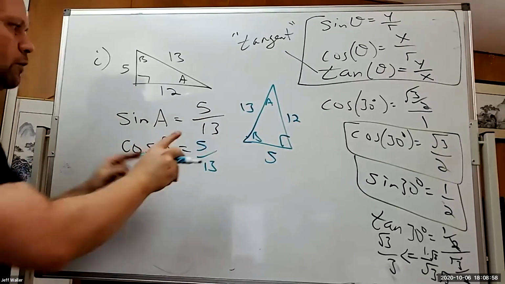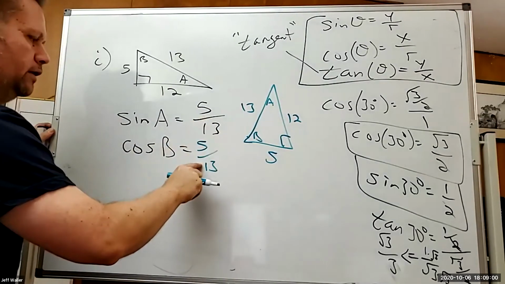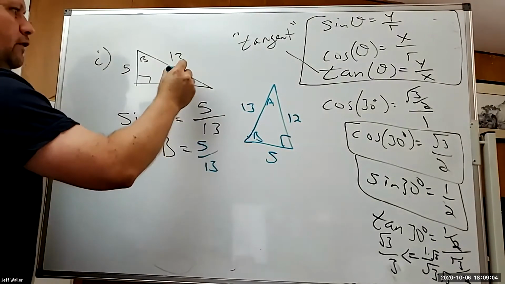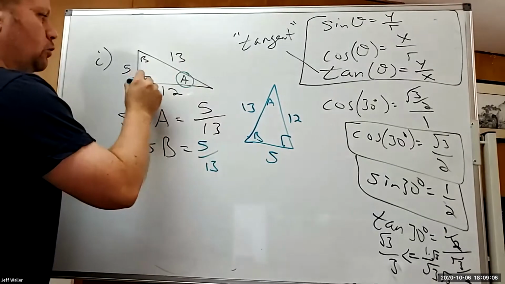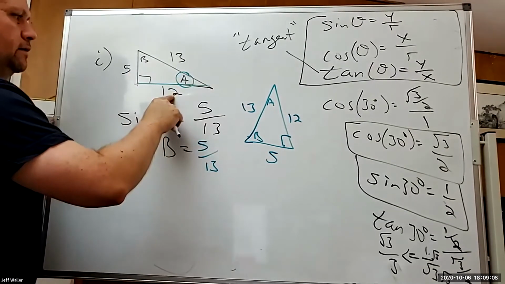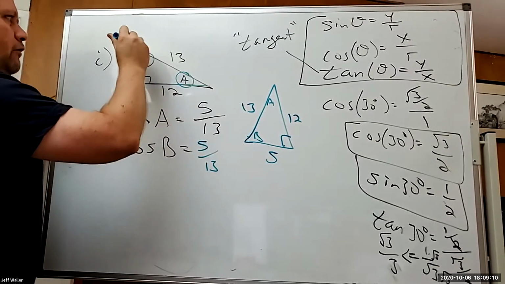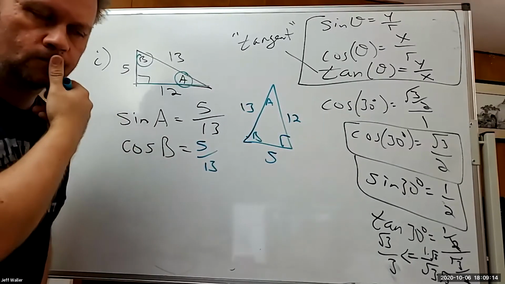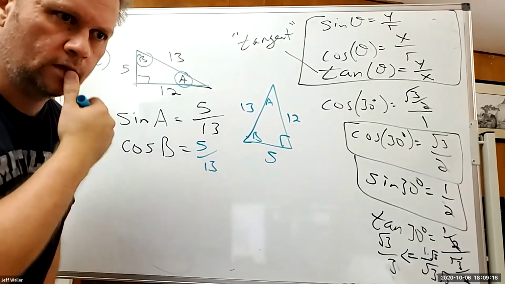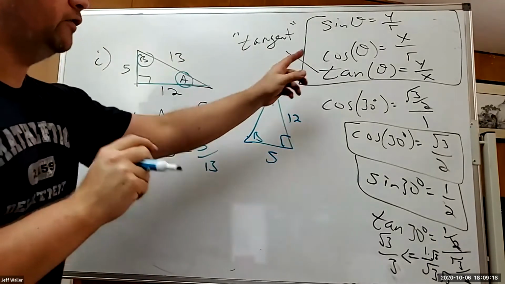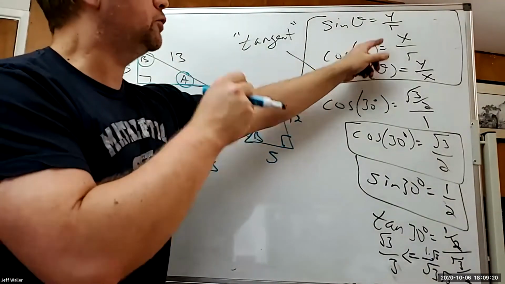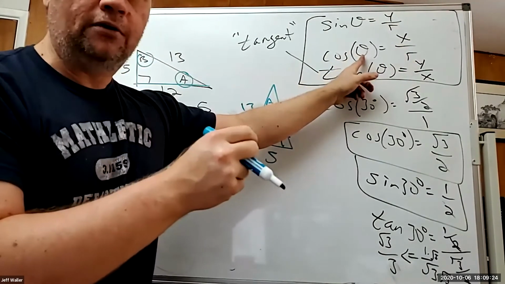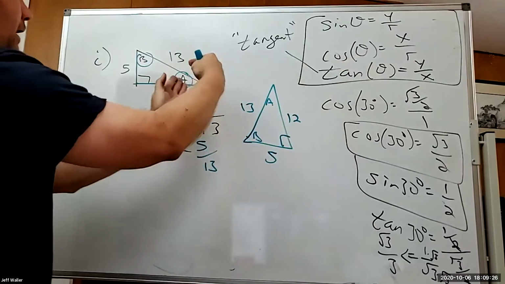And we're going to get into why it makes sense that these two are the same. Really it's because if I look at A, then 12 is the base. If I look at B, now 5 is the base. So if trig functions are equal to ratios of sides given an angle, well, if I'm given A, it creates this triangle.